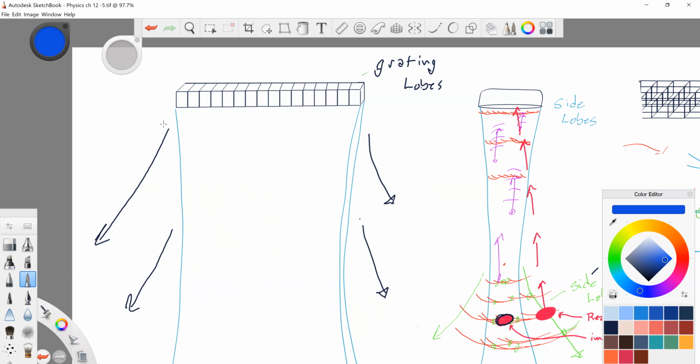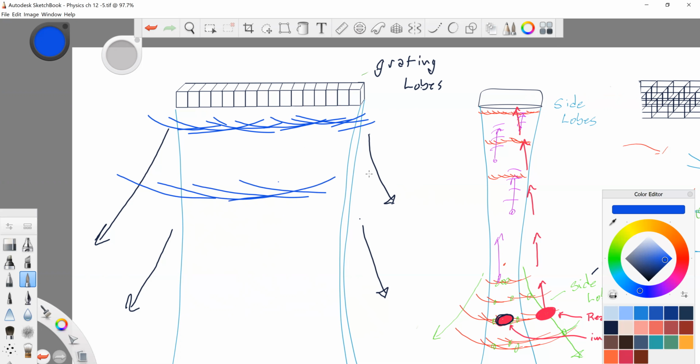So we have, of course, a wave front. Let's do one more here.